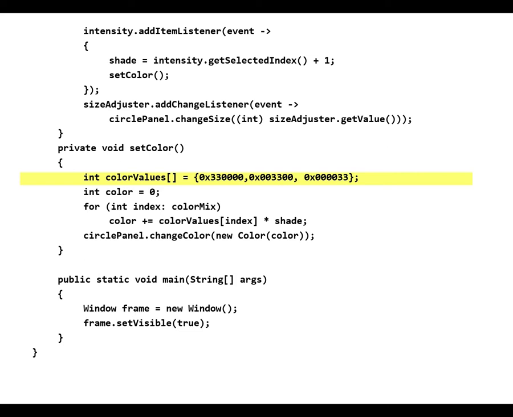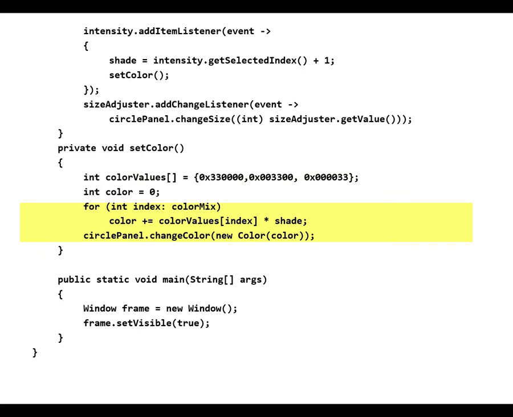The hexadecimal value 33 is the result of dividing the hexadecimal value FF by 5. When the variable shade is multiplied by this value, it will produce one of 5 intensity levels. The first value of the array corresponds to the red component, the second to green, and the third to blue.